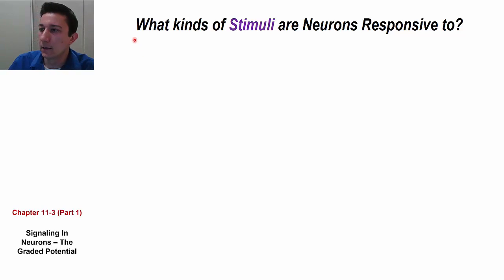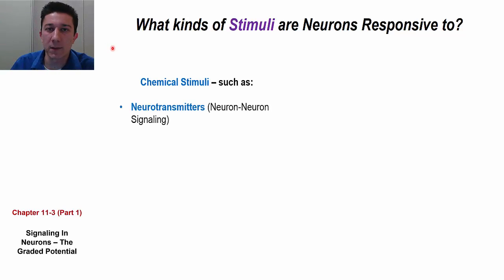The types of stimuli that neurons are responsive to, or the types of stimuli that sensory receptors or special sensory structures deliver to our neurons: our main focus for Chapter 11 will be chemical stimuli or chemical signals. Particularly, the chemical signal that we're going to spend the most time focusing on is a neurotransmitter.